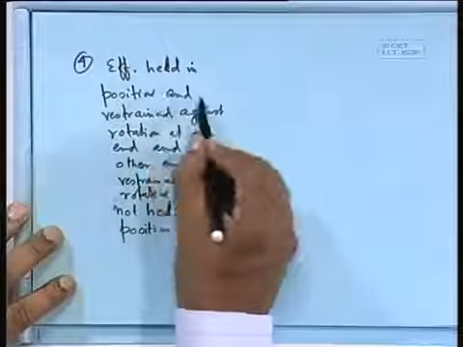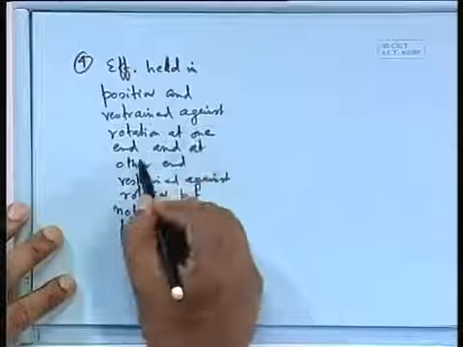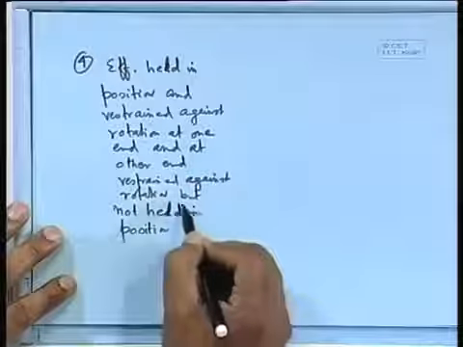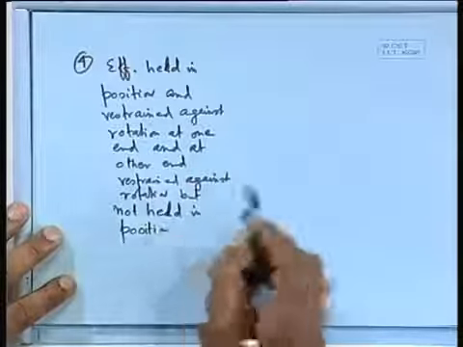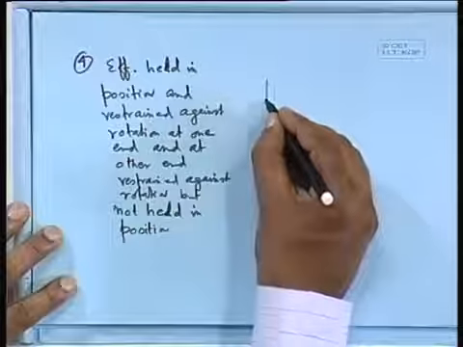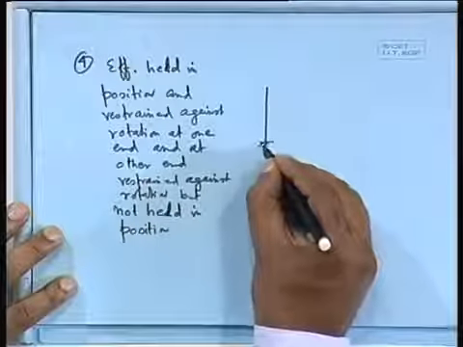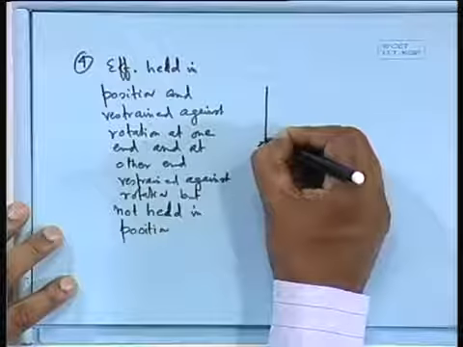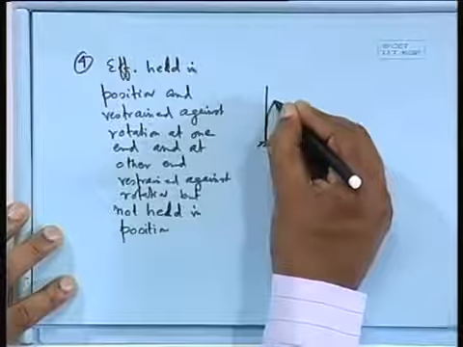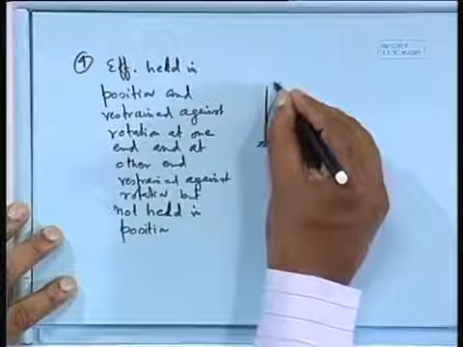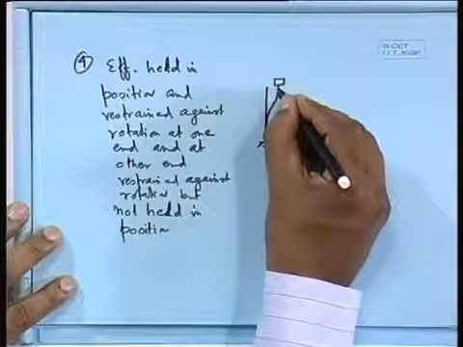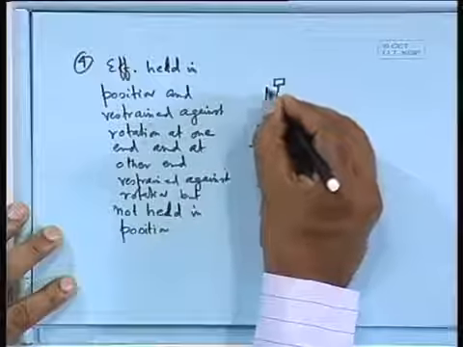Effectively held in position and resisting rotation at one end, and at the other end resisting rotation but not held in position. It means you have something like this. What happens here is that it may move like this. That means it can sway, but there is no rotation. You can consider a roller here.